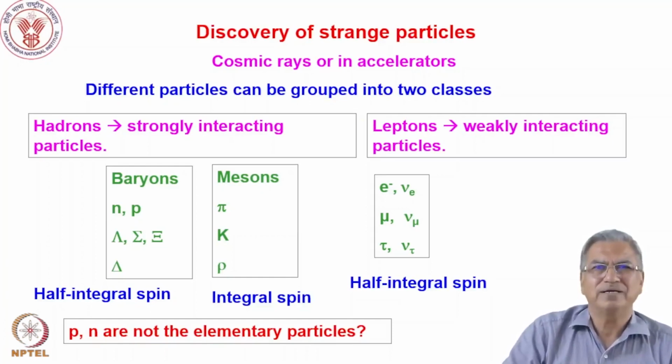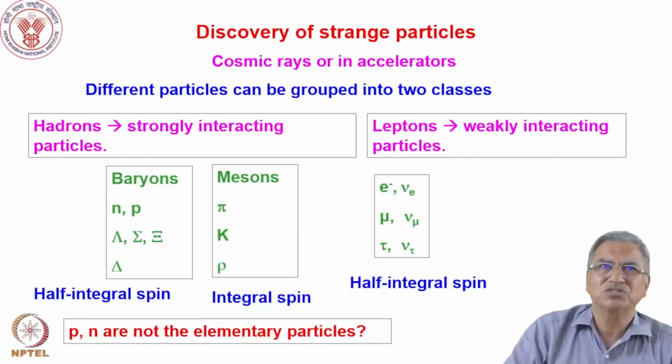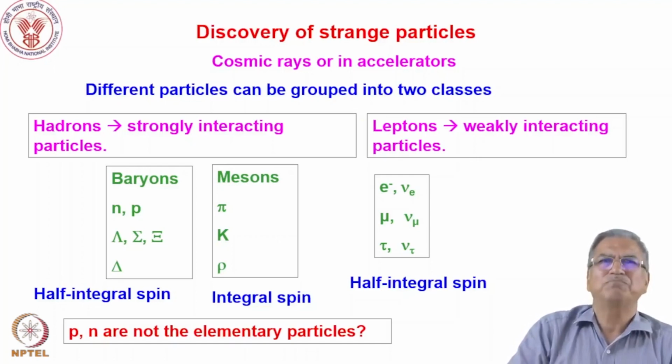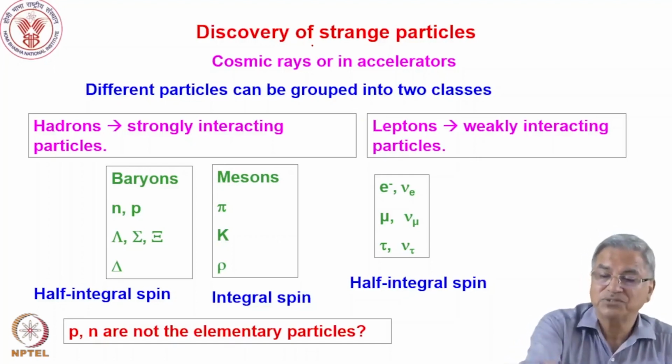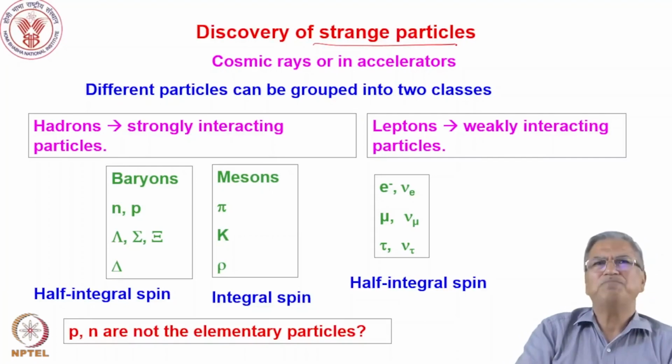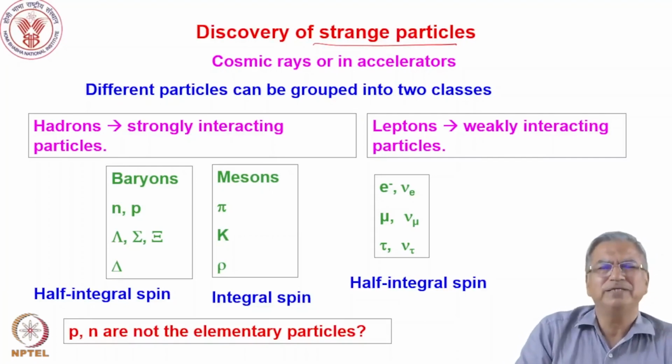But in the 1930s and 40s, with high energy accelerators, and even in cosmic rays, different types of particles were formed, and they were called strange particles. These strange particles could not be explained in terms of the neutron, proton, and electron.